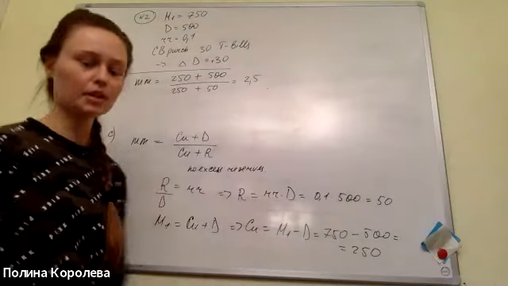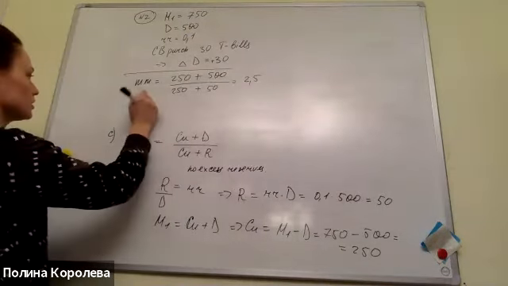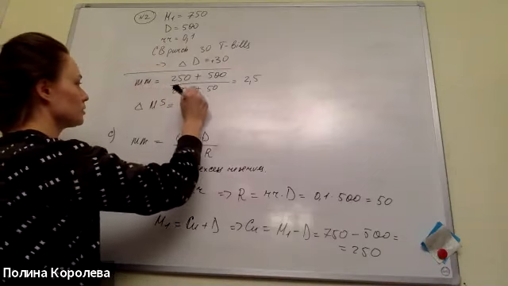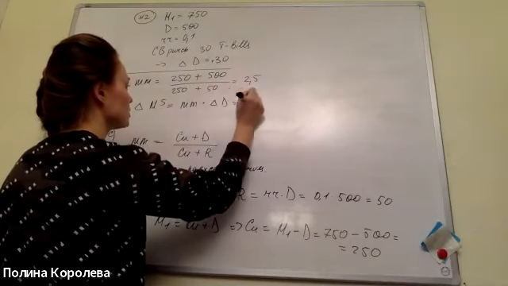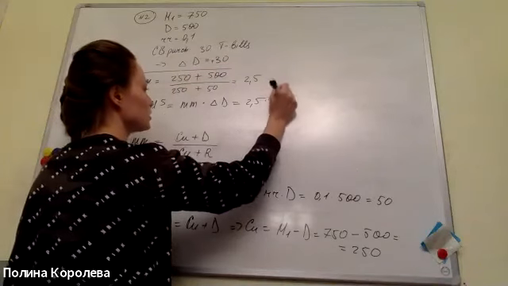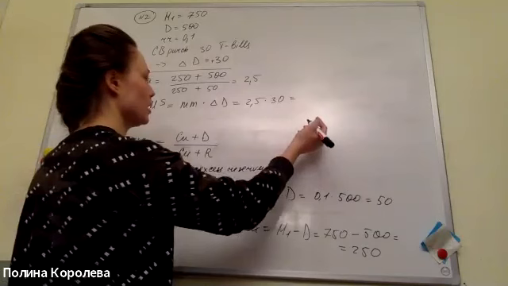Money multiplier. Okay? So, let's count the change in money supply if we use money multiplier. Actual change: this 2.5 multiplied by the change in deposits, 30. This is 75.